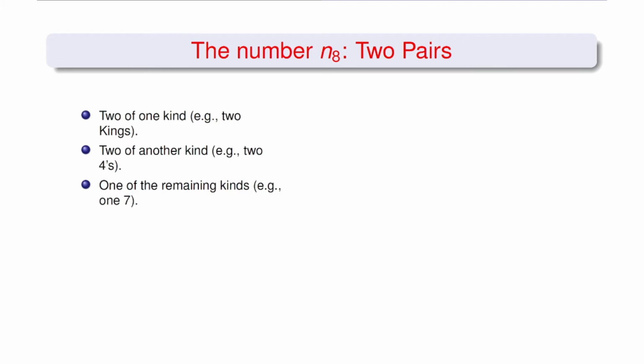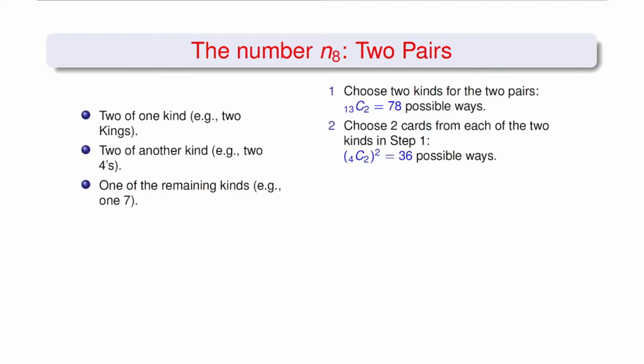So for instance, a 7. So 2 kings, 2 fours, plus a 7, that is a poker hand that contains 2 pairs. So that's 2 pairs. Now, step 1, we choose 2 kinds for the 2 pairs. Now, 13 choose 2. 78 possible ways.